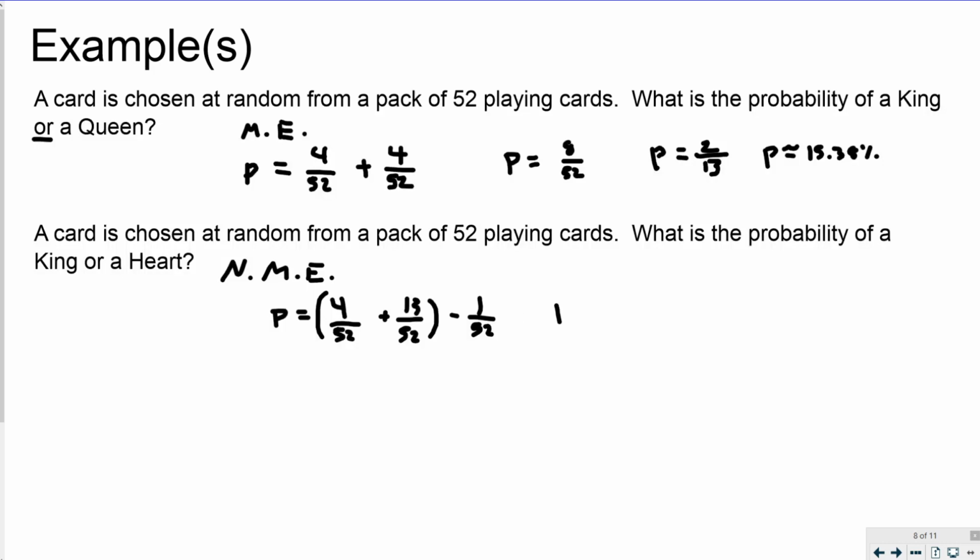So the probability, if you just go along the top, 4 plus 13 would be 17. Take away 1 is 16 out of 52, which we could reduce to 4 over 13. And if you wanted an estimation of percentage, we could calculate the percentage of that to be about 30.77%.